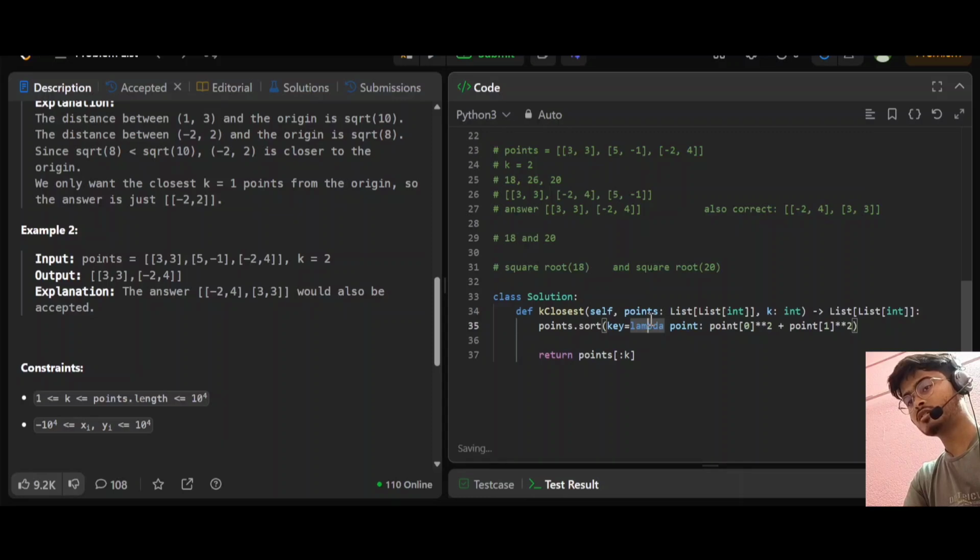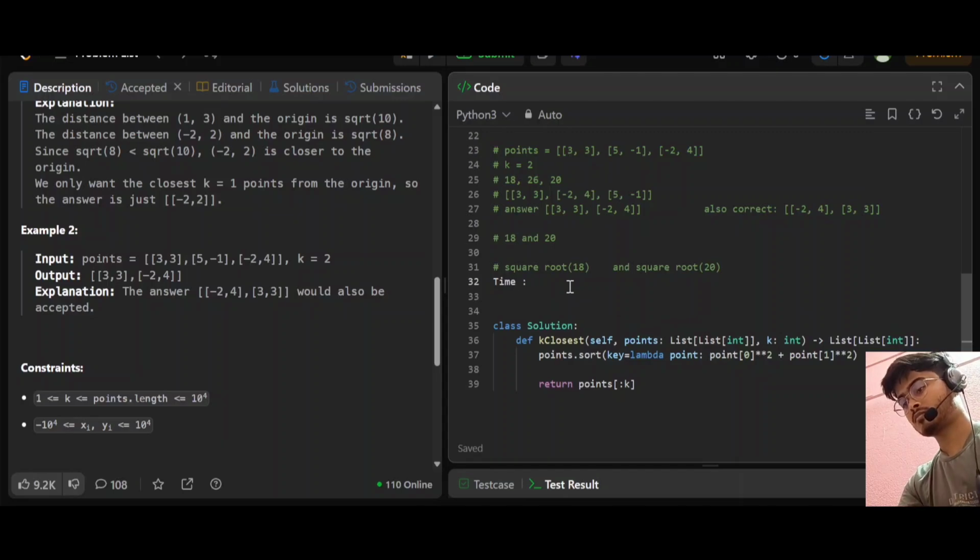Let's discuss the time complexity. If n is the total number of points, we sort all n points. Sorting will take big O of n log n time, and returning the first k points takes approximately big O of k time. Therefore, the overall time complexity is n log n, because sorting is the dominant operation.